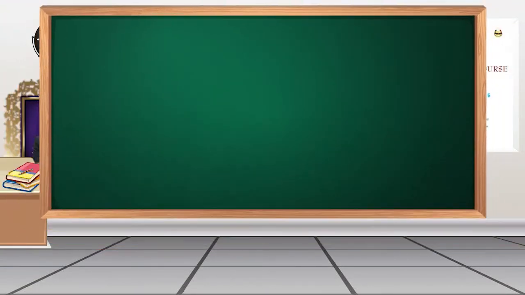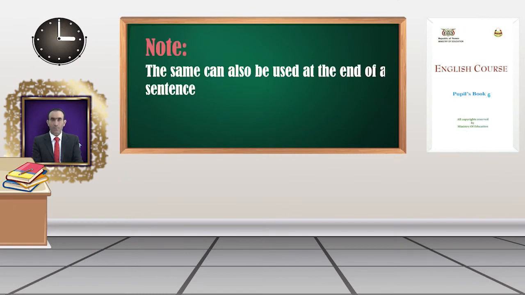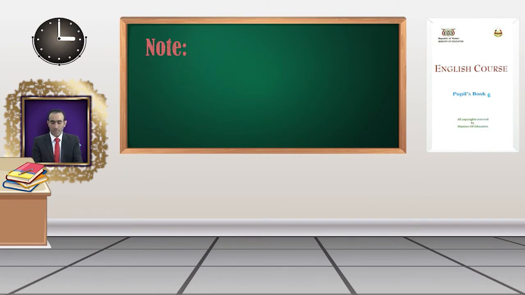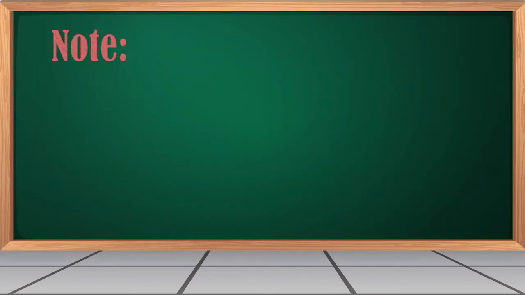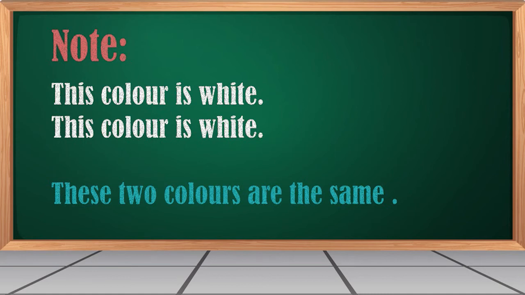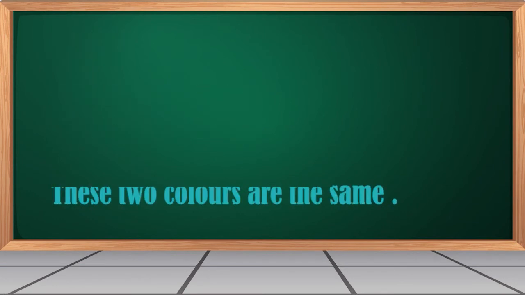Note, the same can also be used at the end of a sentence. Look, for example, this color is white. This color is white. So I want to join them together in one sentence by using the word same at the end. So the sentence should be, these two colors are the same.